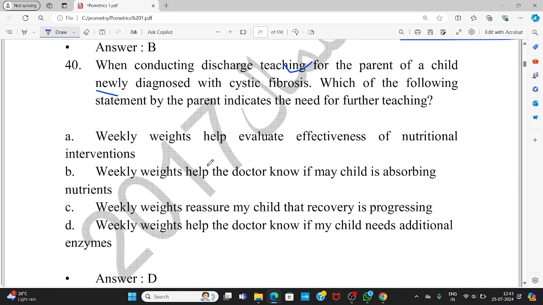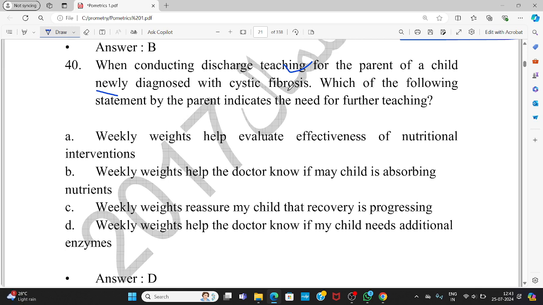Weekly weights help evaluate the effectiveness of nutritional intervention. So, weekly weights help the doctor know if my child is absorbing nutrients. Weekly weights reassure my child that recovery is progressing. Weekly weights help the doctor know if my child needs additional enzymes.